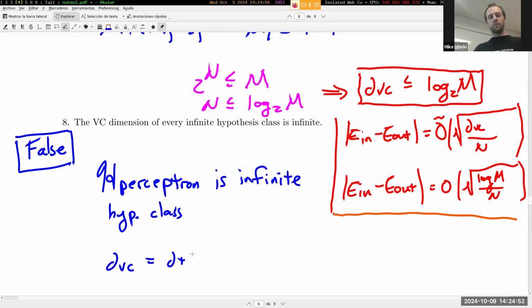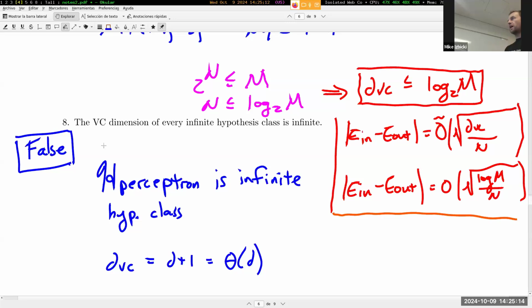DVC equals d plus 1, or theta of d, either of those sufficient for showing the counterexample here. And so providing one hypothesis class that is infinite with a finite VC dimension shows that this is false.